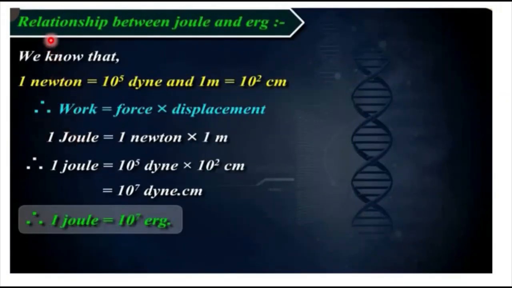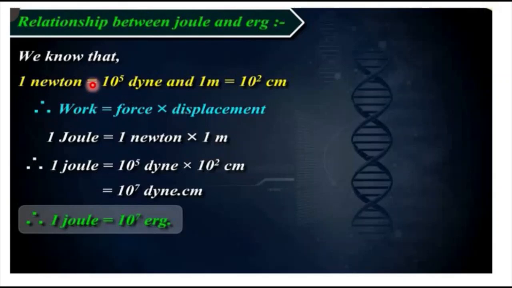Let's study the relationship between joule and erg. We know that 1 Newton is equal to 10 raised to 5 dyne and 1 meter is equal to 10 raised to 2 centimeter. Now, the formula for work done is work is equal to force into displacement. Substituting SI units of respective terms, we get 1 joule is equal to 1 Newton into 1 meter.